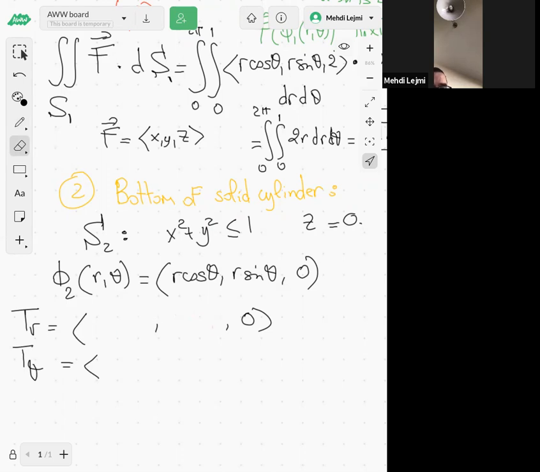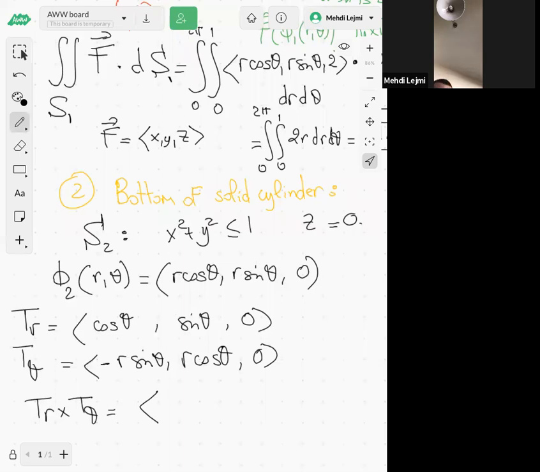So it's just cosine of theta, sine of theta, 0. Here, the derivative with respect to theta, so it's minus r sine of theta, r cosine of theta, and then 0. And you do, as usual, the normal vector, which would be again 0, then 0, and then r. Right? And this is okay.